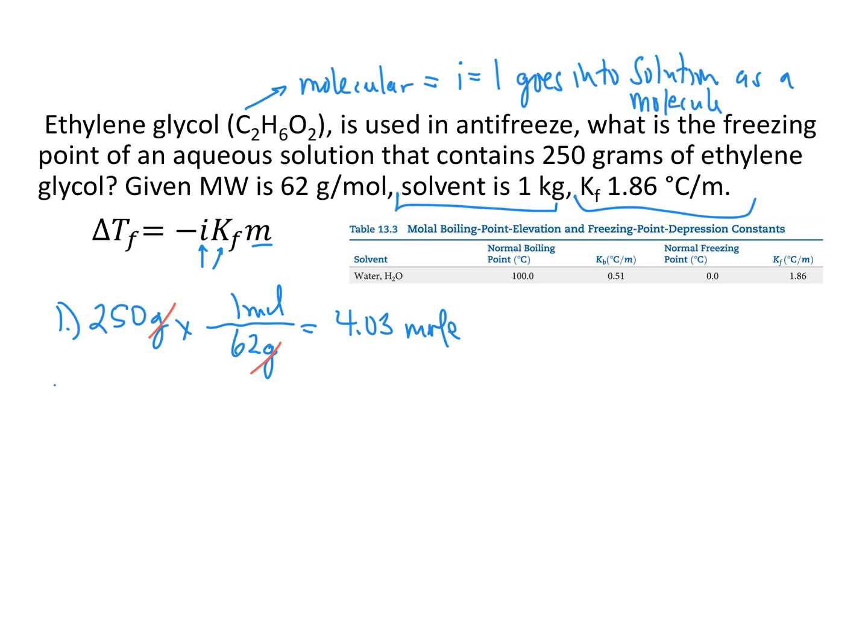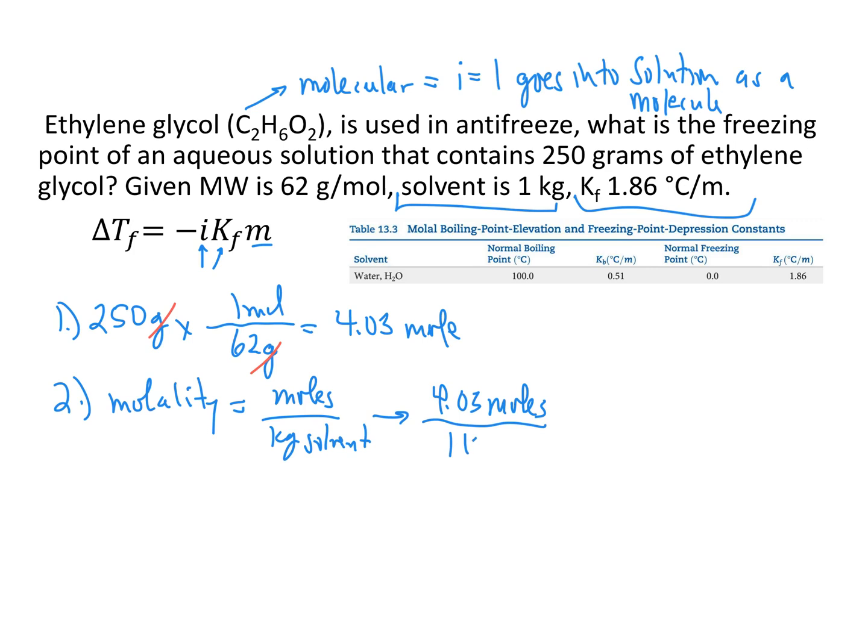So the next step, I want to find my molality, which is moles over kilograms of solvent. So my molality would be 4.03 moles over 1 kilogram of solvent, giving me a solution that is 4.03 molal. Not a hard calculation there, but now we're ready to do our change in freezing point calculation.